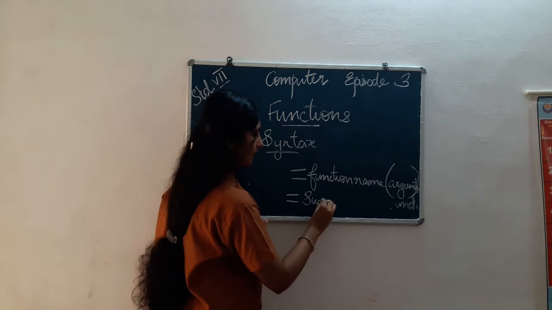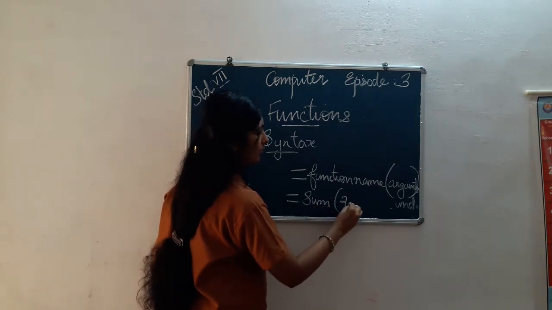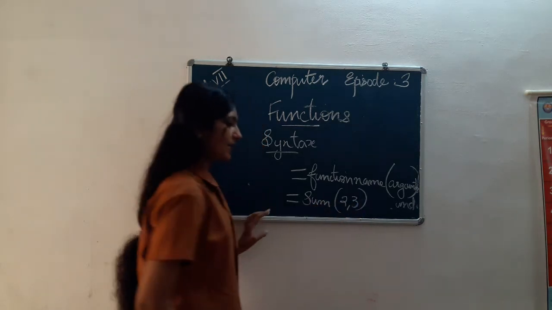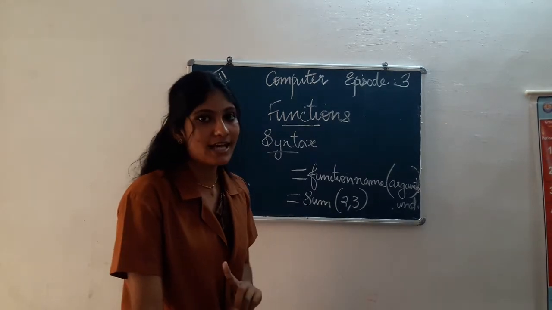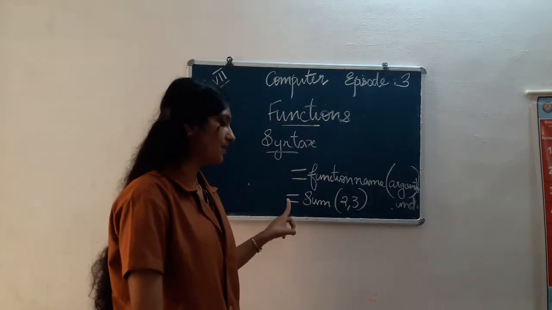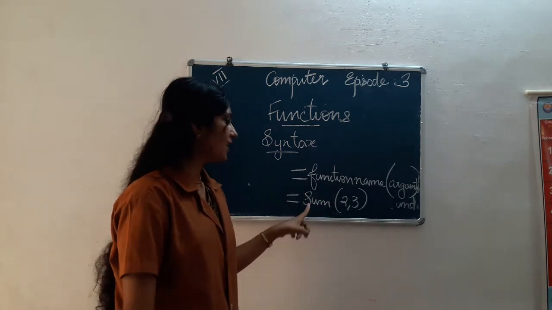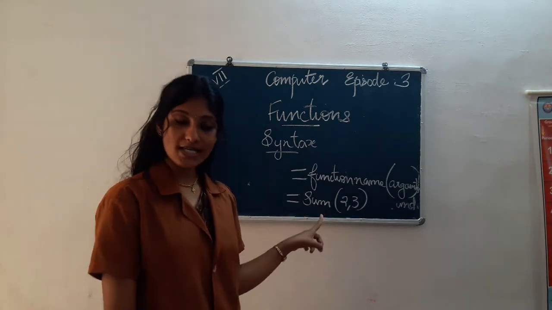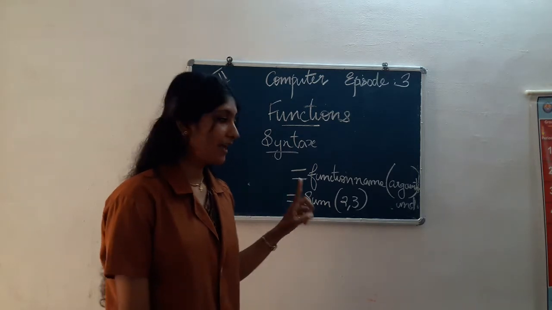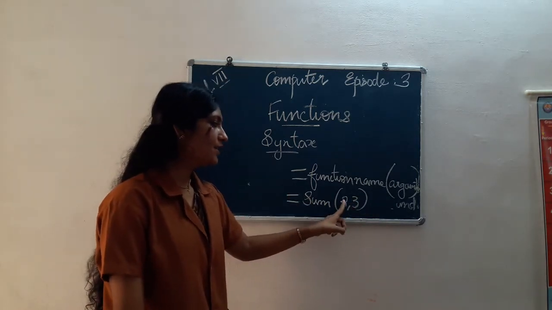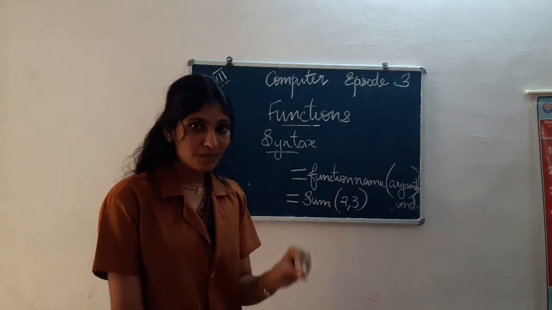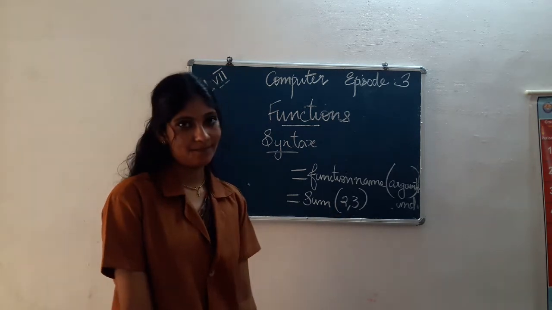Sum, then arguments 2, 3. Here we know a function starts with an equal to symbol, so first write an equal to symbol. Then the function name is sum. What's the function name here? Sum. And the argument values are 2, 3. That means the input values are 2 and 3.